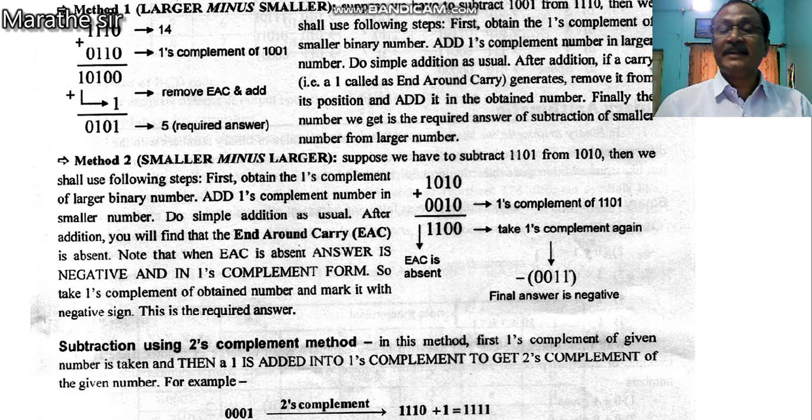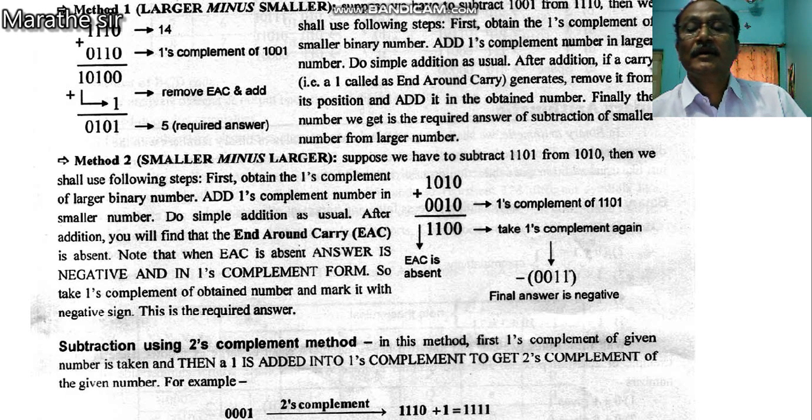When end around carry is equal to 0, the answer is in negative form and it is in ones complement form. So take the ones complement of the octet number and mark it with a negative sign. This is the required answer.